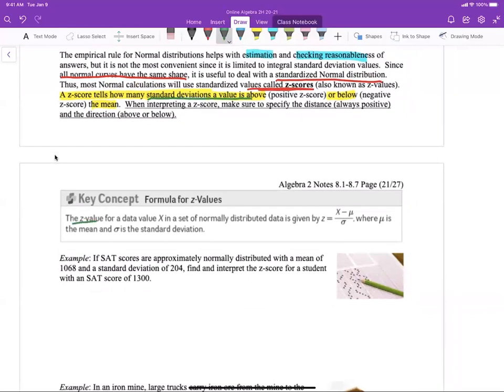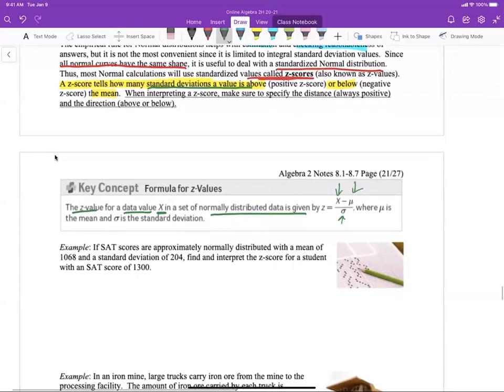The z value for some data x or some measurement, from a set of normally distributed data, is given by this equation. So z is the value that you have minus the mean, divided by the standard deviation, where mu again is the mean and sigma is the standard deviation.